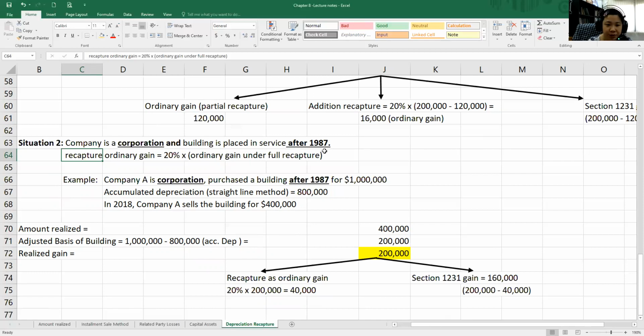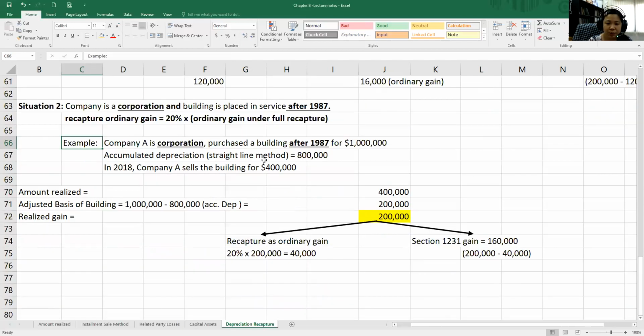The amount we recapture as ordinary gain will be 20% of the ordinary gain under full recapture. Let's look at an example. Company A is a corporation that purchased a building after 1987 for $1 million. The accumulated depreciation using the straight line method is 800,000, and Company A sells the building for 400,000.